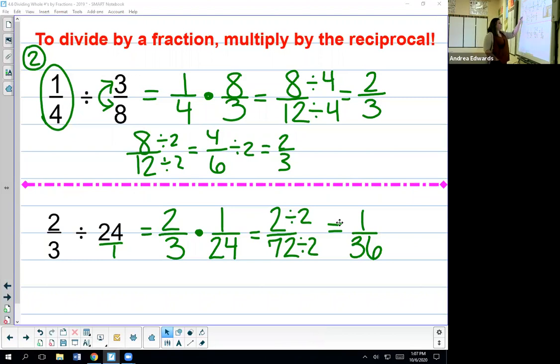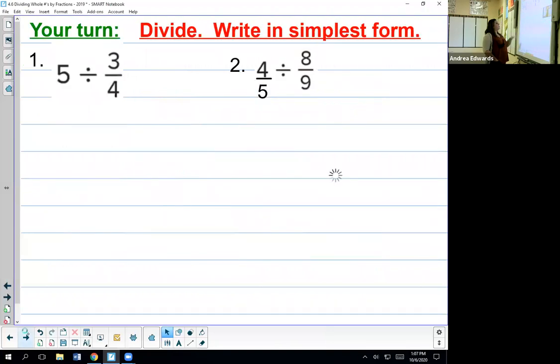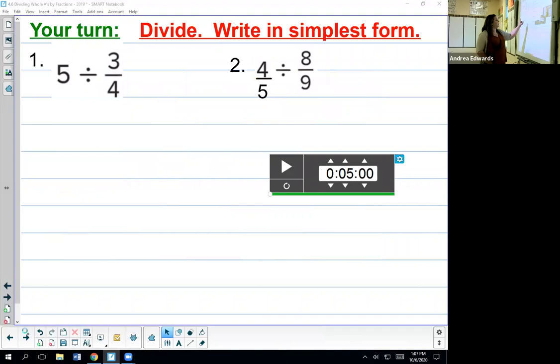Okay. All right, so let's do it again because I don't feel 100% comfortable. Let's see if we can do better on this one. I just want you to do number 1. Only number 1. In simplest form or as a mixed number, divide 5 by 3/4.